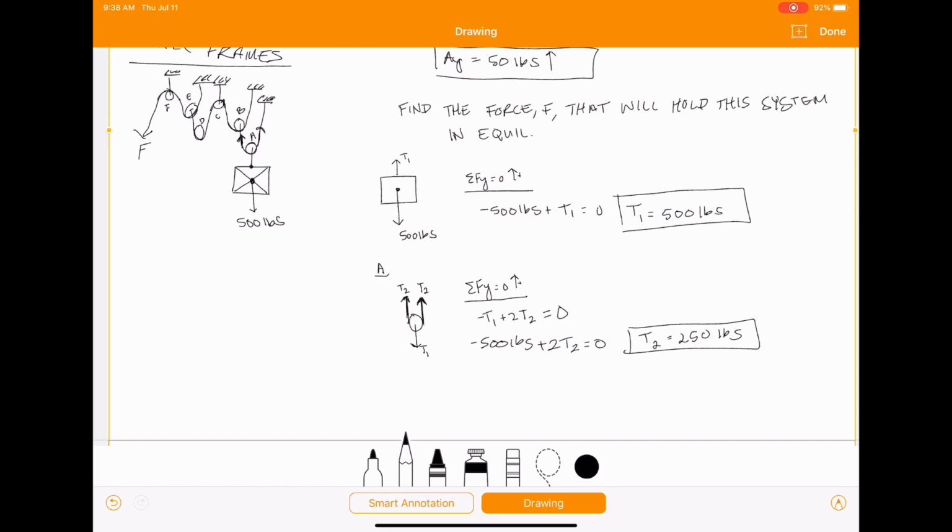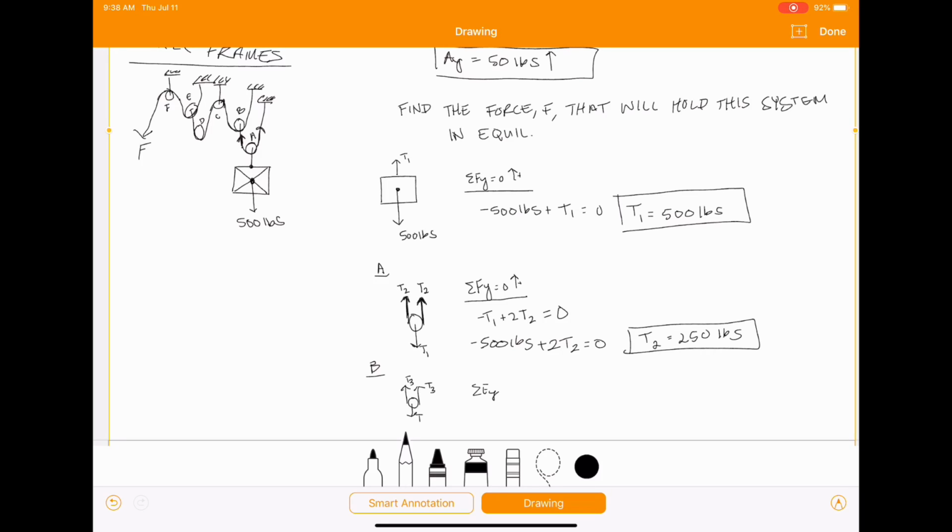Now, again, we just keep moving through the system, so we can now free body diagram pulley B, which is going to be extremely similar to pulley A, except now we have T2 pulling down on it, and we're going to have T3 pulling up and T3 pulling up.